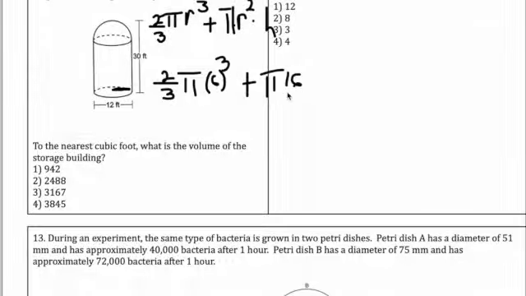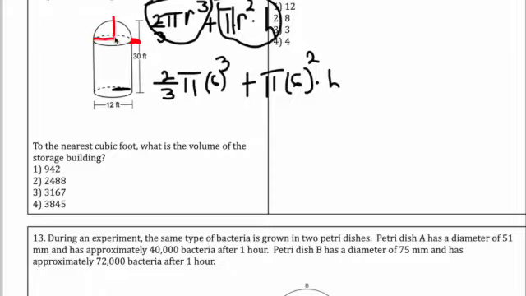Plus pi r squared times the height. Now I want to talk about the height, because this is the height of the cylinder. This is the volume of the cylinder. This is the volume of the sphere, and we're adding it together. Now the height of the cylinder ends here. Since it has a radius of 6, any direction you go, you're getting a radius.